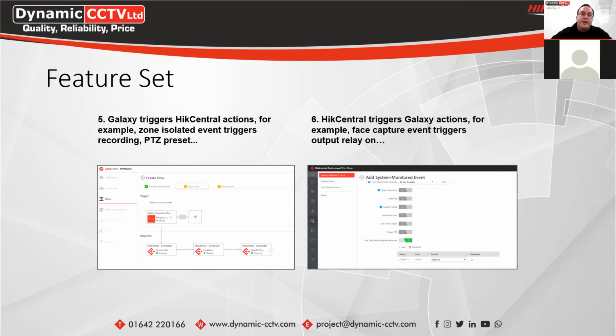And you can also have the event triggers triggering recording on the system using CE Central as well. And you can also do the same for face capture events, face event triggers, and also the output relays through the system monitored events on CE Central, using this solution.